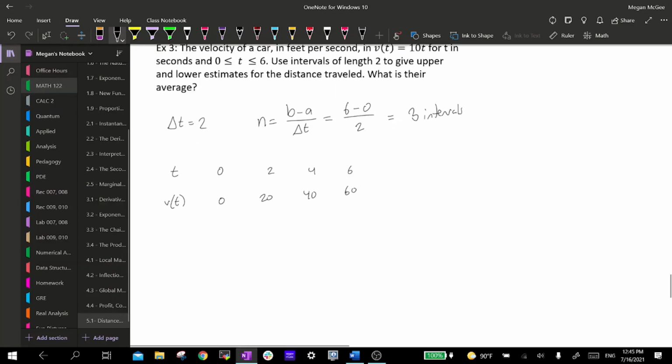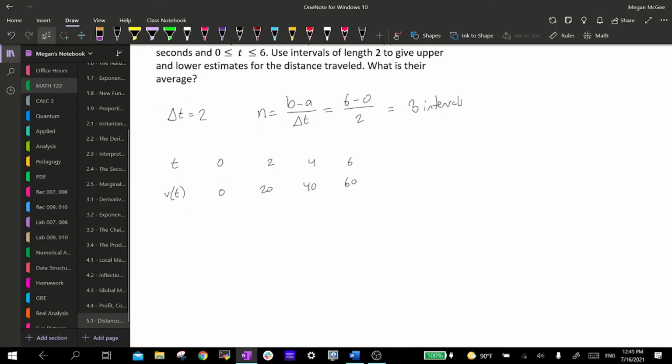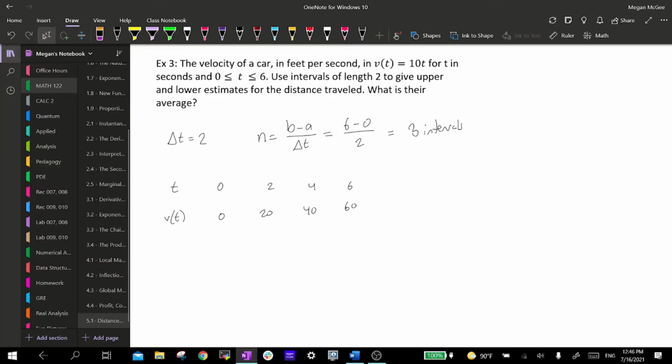Okay, so I'm going to go ahead and use our formal definition here, going up to n minus 1, so n is 3, delta t. I'll write all of this out.